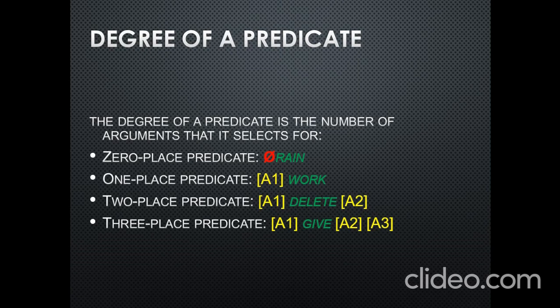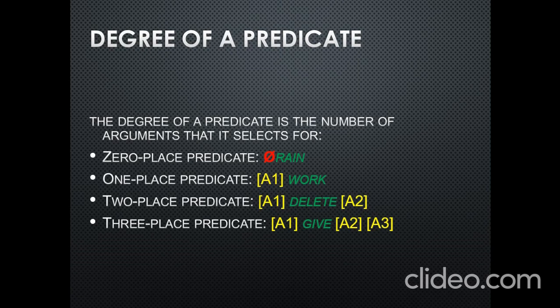An example of a 0 place predicate is the verb to rain. So to rain does not require any argument. It's not selecting for any argument. We don't say the clouds rain or the sky rains.